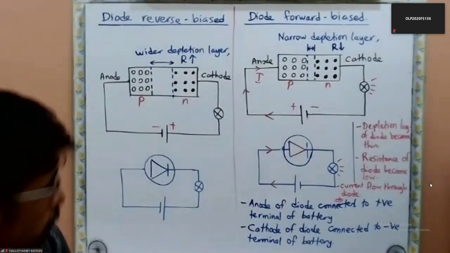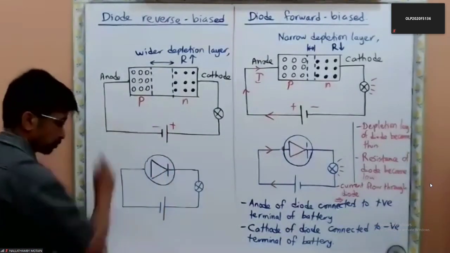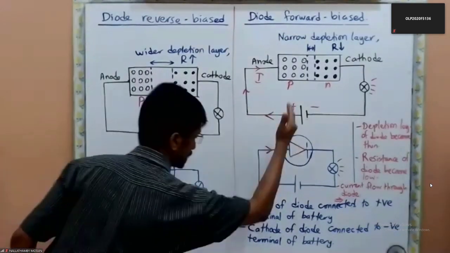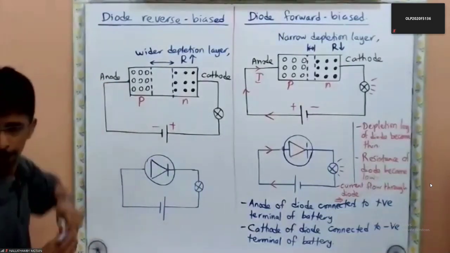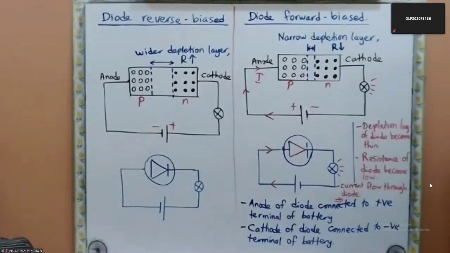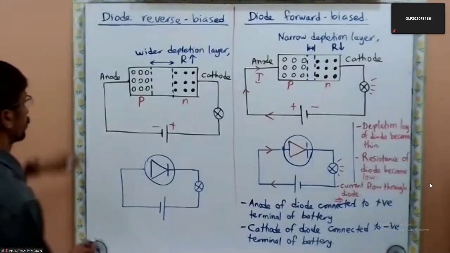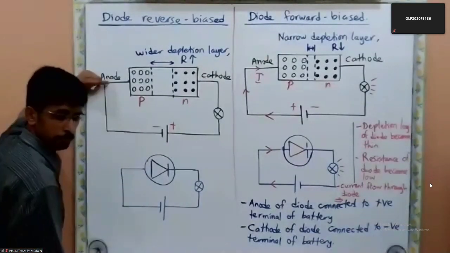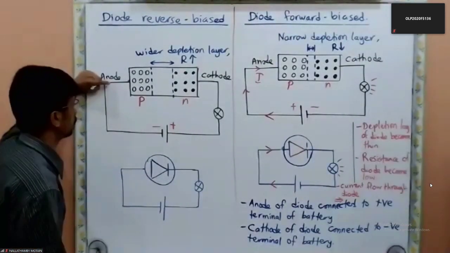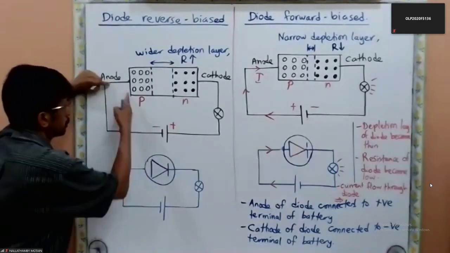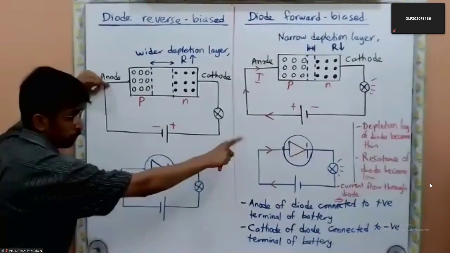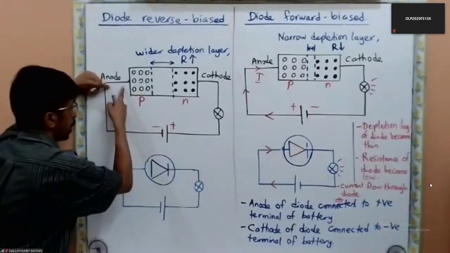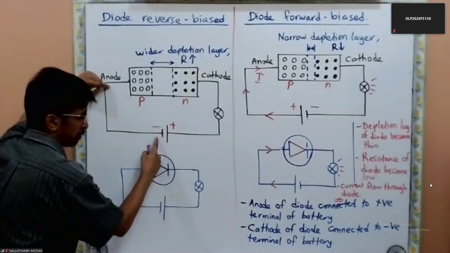Okay, finish. Okay, come to this. Follow the same technique. Anode of diode connected to negative terminal of battery. If you know that, this one is very easy. Anode of diode connected to negative terminal of battery.